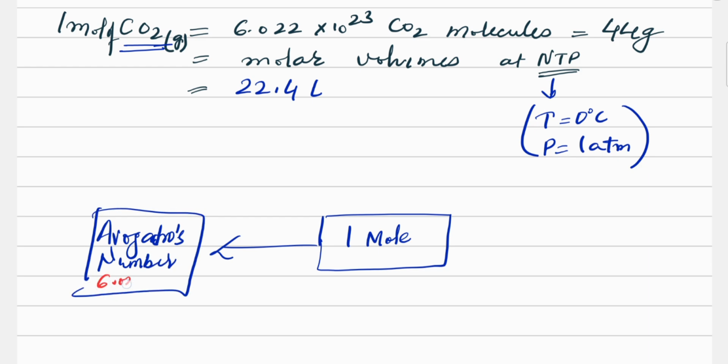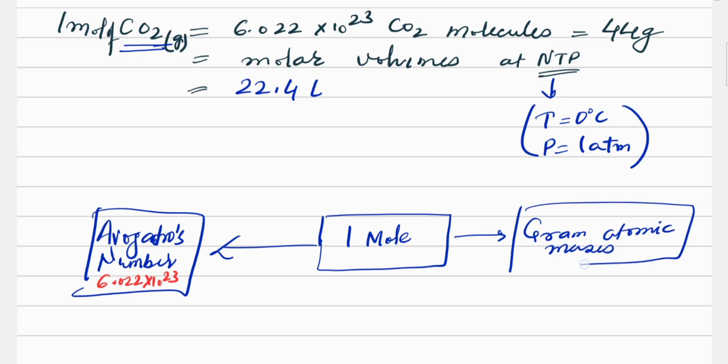Avogadro's number is 6.022 into 10 raised to power 23. It gives the number of atoms and molecules. The second one is gram atomic or gram molar mass, gram atomic mass for atoms only.